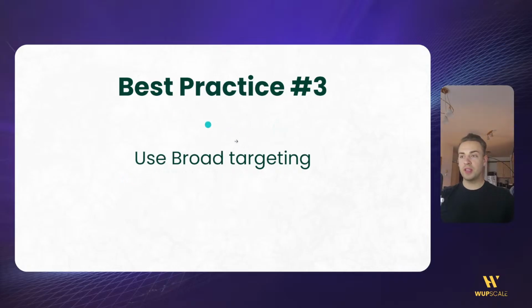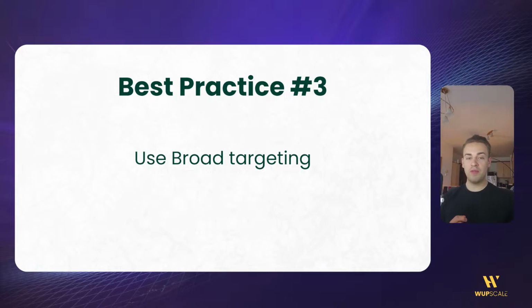Number three, best practice is to use broad targeting. You see all of these tips are built on each other, and I'm going to touch on previous advice as well. I just talked about audiences. Now, it's best to use broad targeting without any interests, because targeting now happens on the creative side.